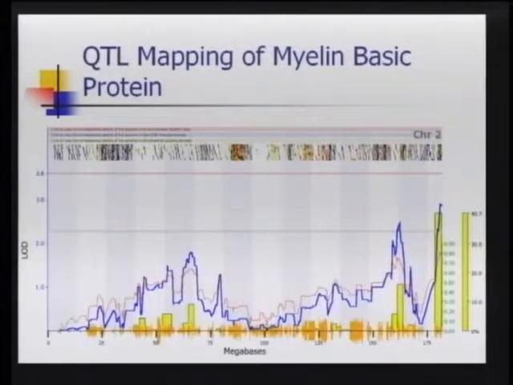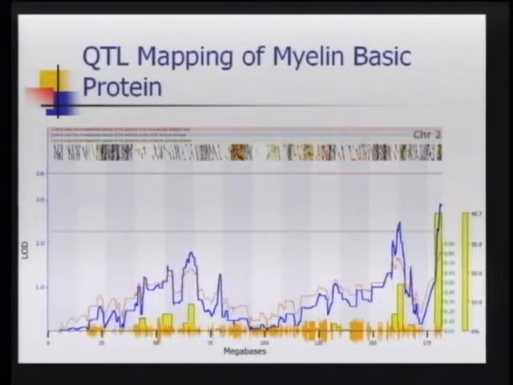Now, what I've done here is I've done a small little experiment using the program, using as a pseudo marker for pediatric TM the expression of myelin basic protein in the hippocampus. What's on the y-axis here on the left is something that's called the LOD score.